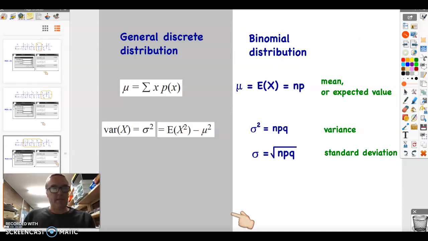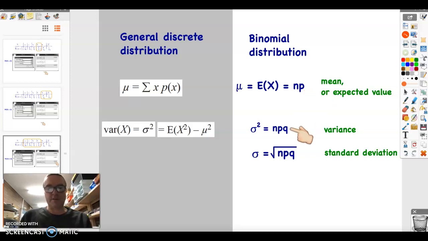The next problem that we look at in this lesson, we're going to use the standard deviation. So I just want to recap what we learned last lesson about the standard deviation. First of all, we have a formula for the mean or expected value, which is simply the values of n and p multiplied together.